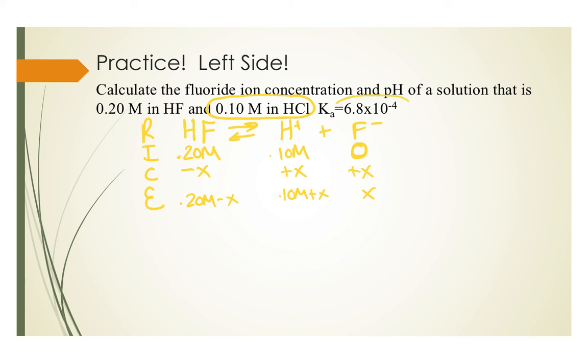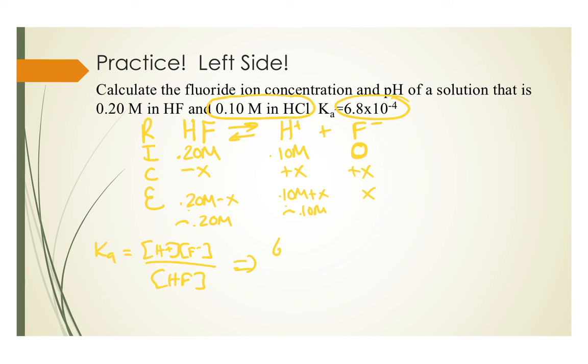And again, looking at a Ka of 10 to the negative fourth, we will say that that is significantly less than 10 to the negative first and 10 to the negative first down here. So we're going to assume that these are 0.20 molar and 0.10 molar for right now. All right, so let's set up our Ka. Ka is going to equal the concentration of H plus times F minus all over HF.